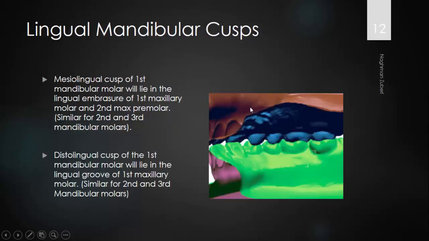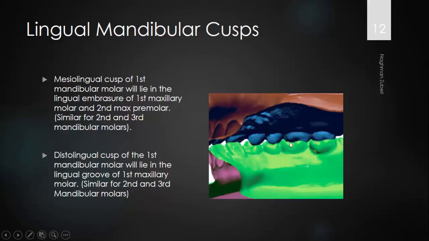Now, let's see the lingual mandibular cusps. Mesiolingual cusp of the first mandibular molar. These are cut models and they are colored so that things will be easily understood.